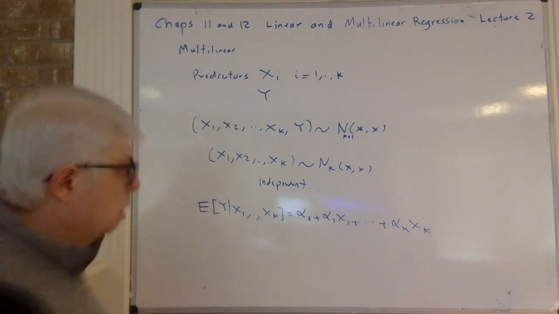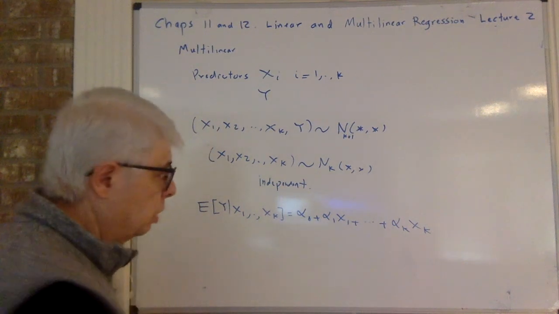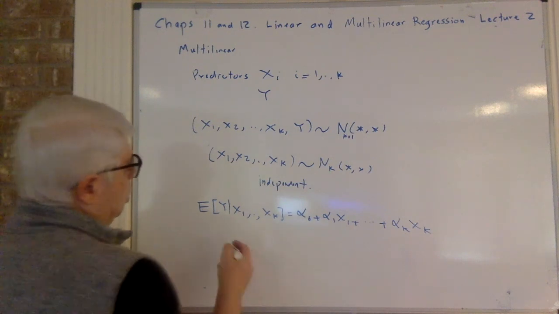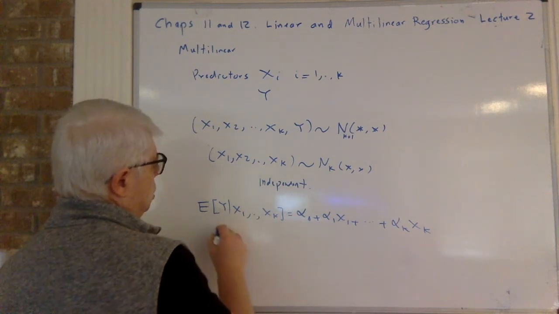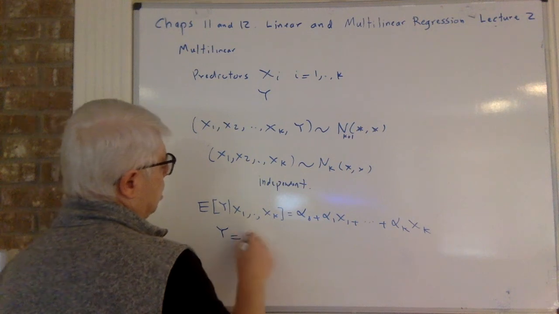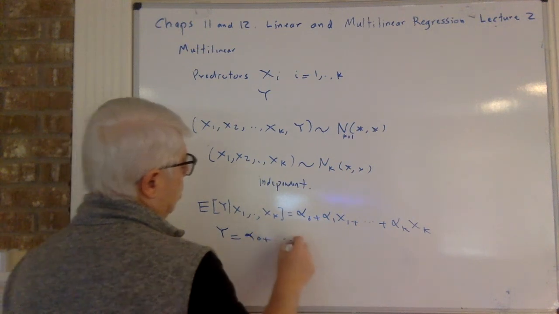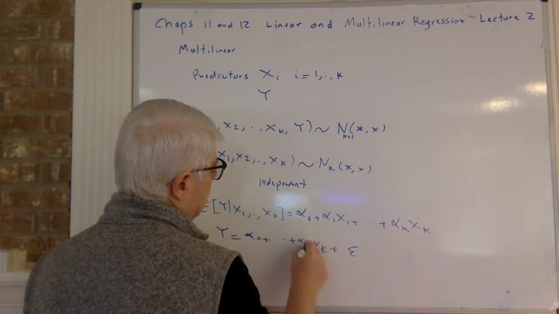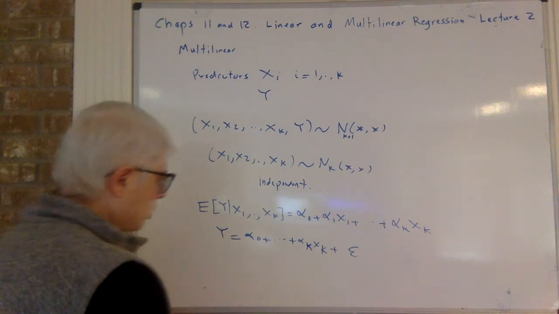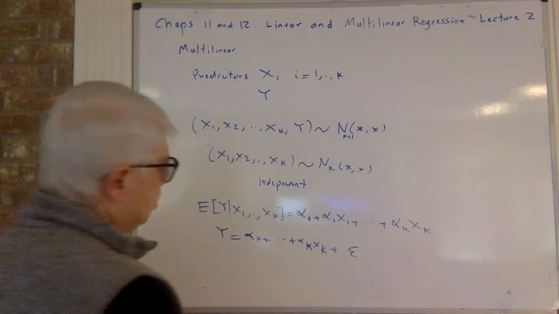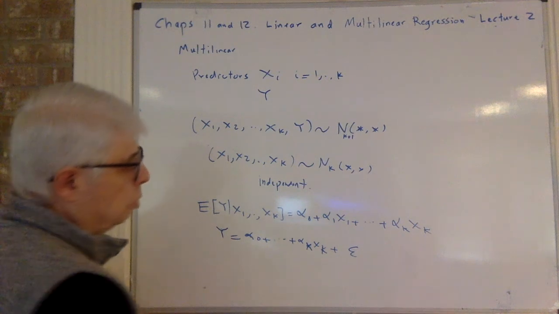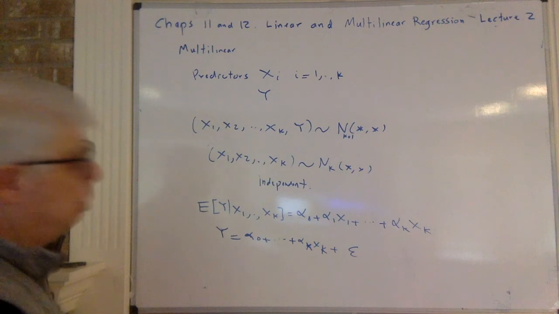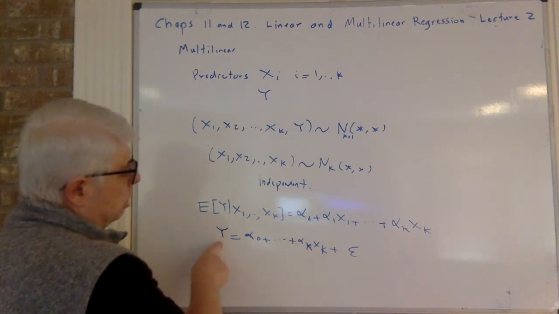So this is just an approximation for just any y and x's. What happens here, even in this situation, is that y is in fact alpha 0 plus alpha 1 x1 plus ... plus alpha k xk, plus some error epsilon. These are all normal, so epsilon is normal, and you can assume that epsilon has mean 0, because this is like the mean of this thing.